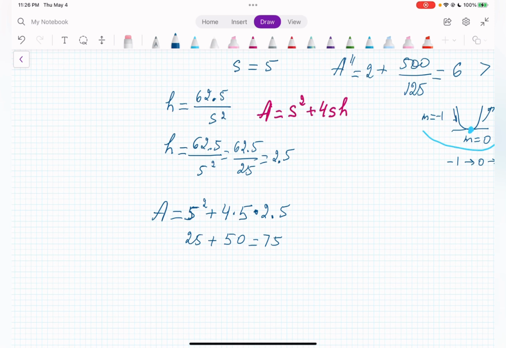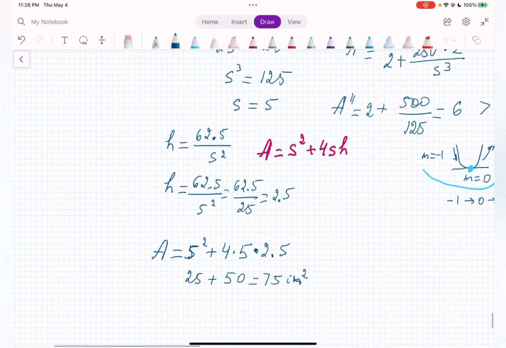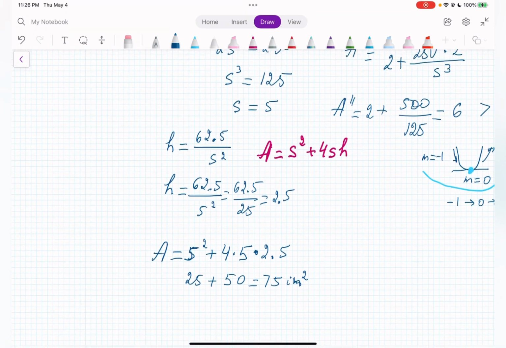So 75 inch squared, because that's an area. So what do we have practically? The box dimensions are going to be 5 in width, h is going to be 2.5, and the area is going to be 75.